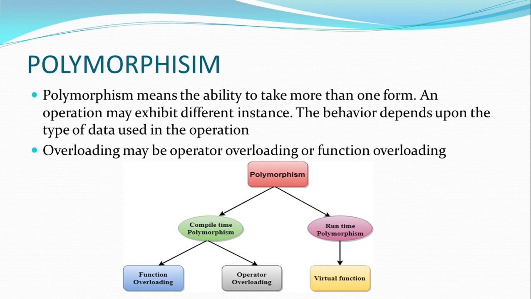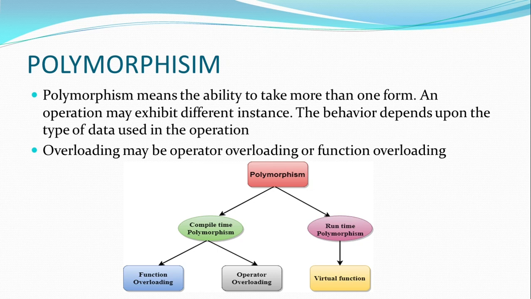Next is polymorphism. Polymorphism means the ability to take more than one form. An operation may exhibit different behavior depending upon the type of data. A simple example is that we have the same function name but different argument lists.